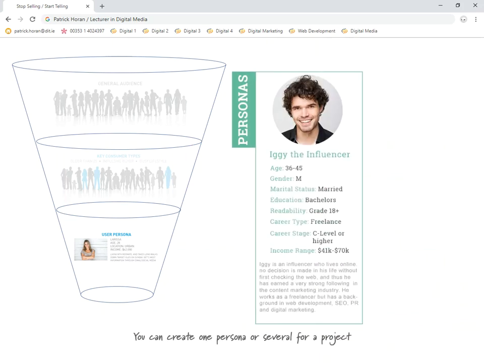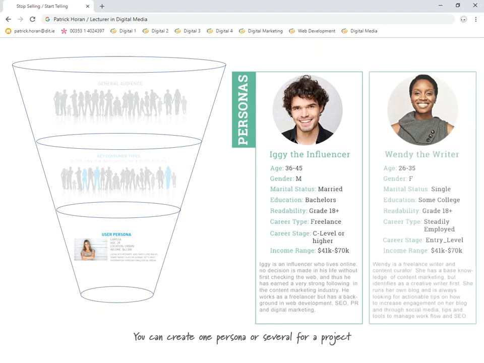These are just examples, and quite often you can see that we're looking at people of a certain age, of a certain gender maybe, and of a certain persuasion, and things that they're interested in, and so on. You can see different personas here, and it's very useful to use these, because when we're creating the content and the copy on our actual website, we can create it based on these actual people or personas that we're putting together.